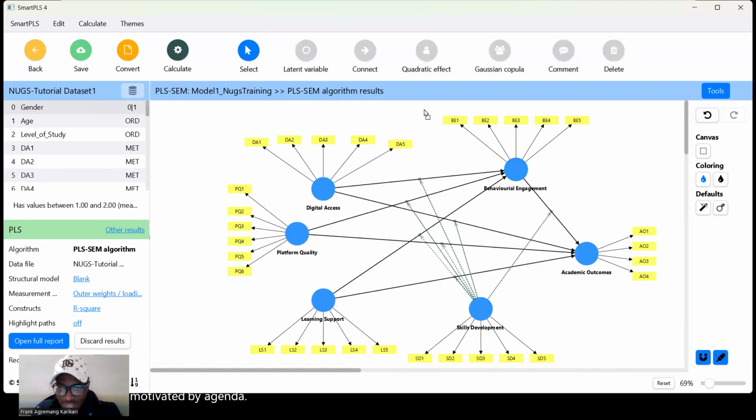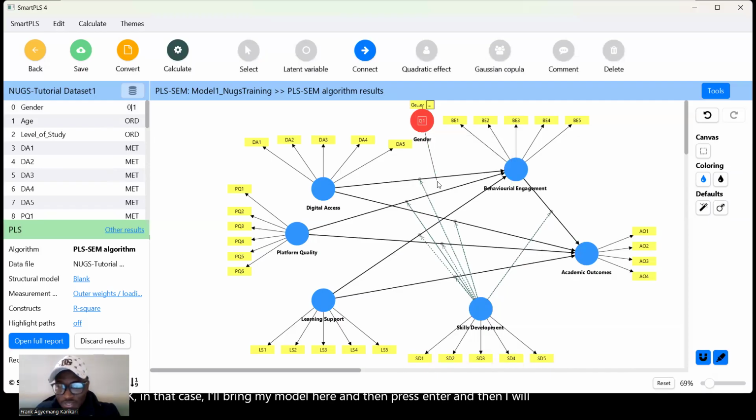In that case, I'll bring my model here and then press enter, and then I will link this one to that. In this case, it is what? Moderation. And this moderation here is categorical moderation because we have only two groups. We have male and what? Female. Thank you very much. So that was what I wanted to establish.